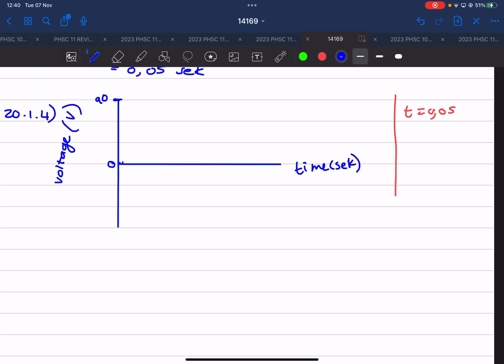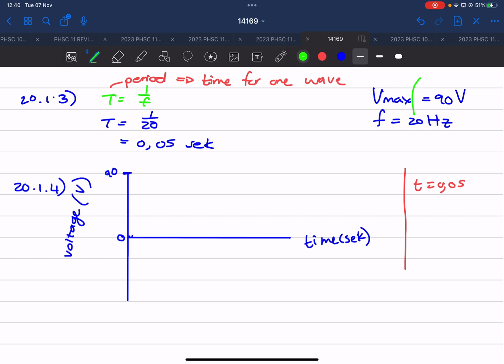So hy gaan begin, it's going to start at 0. Hy gaan by 0 begin. Because it's upright. En dan gaan hy gaan tot by 90. Then it's going to go to 90. En dan gaan hy weer gaan tot by 0. Because it's 0, 90, 0, 90.